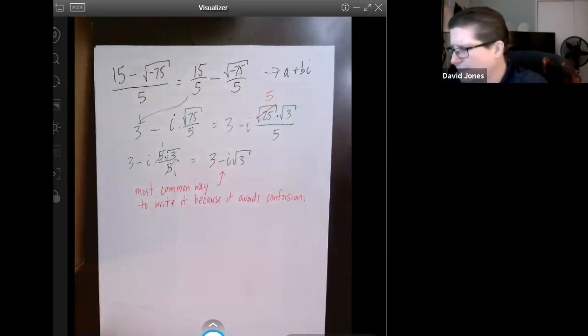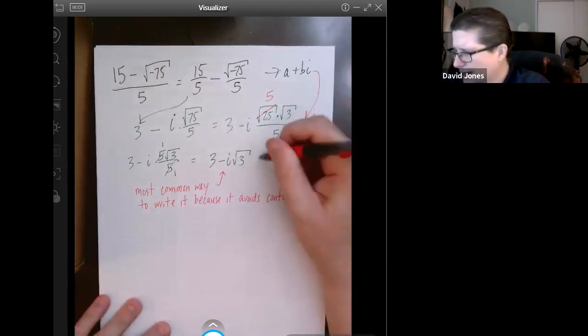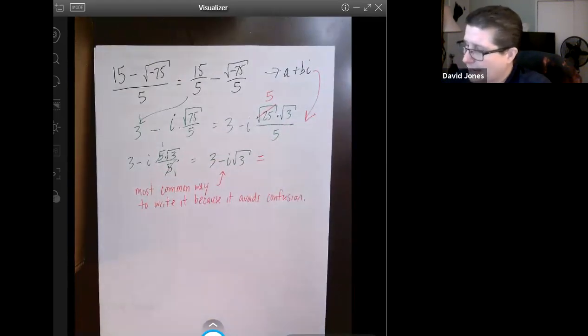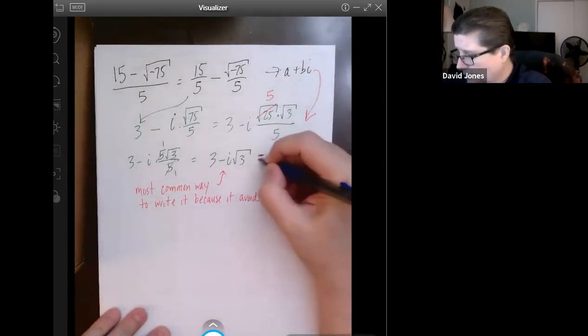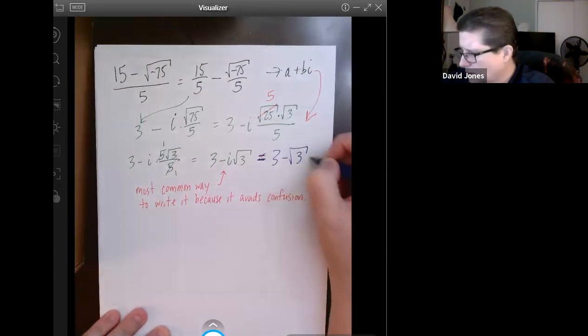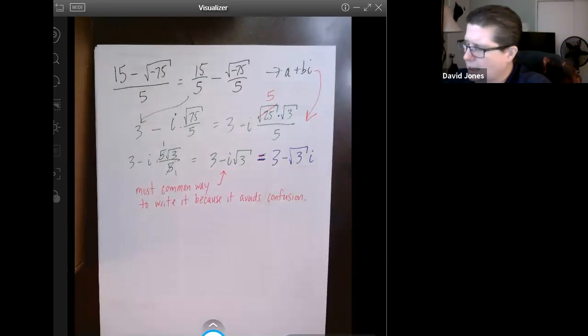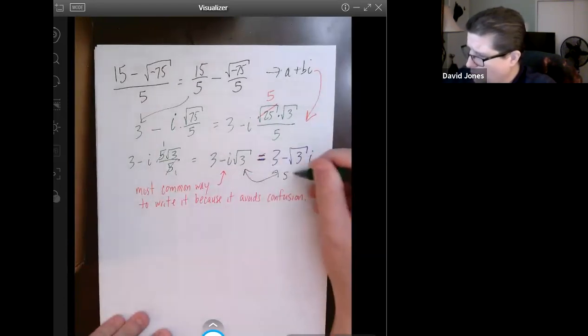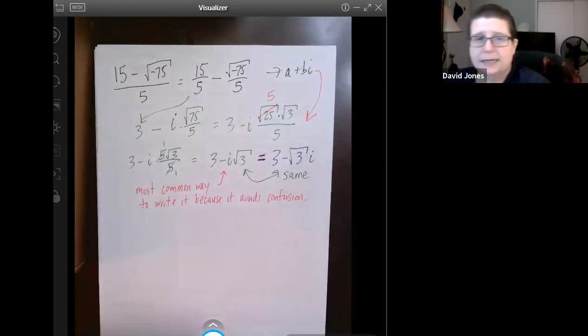If I wanted to make it look like a plus bi, I would put the i at the end. And these are the same value. But the first one is easier to read. Okay.